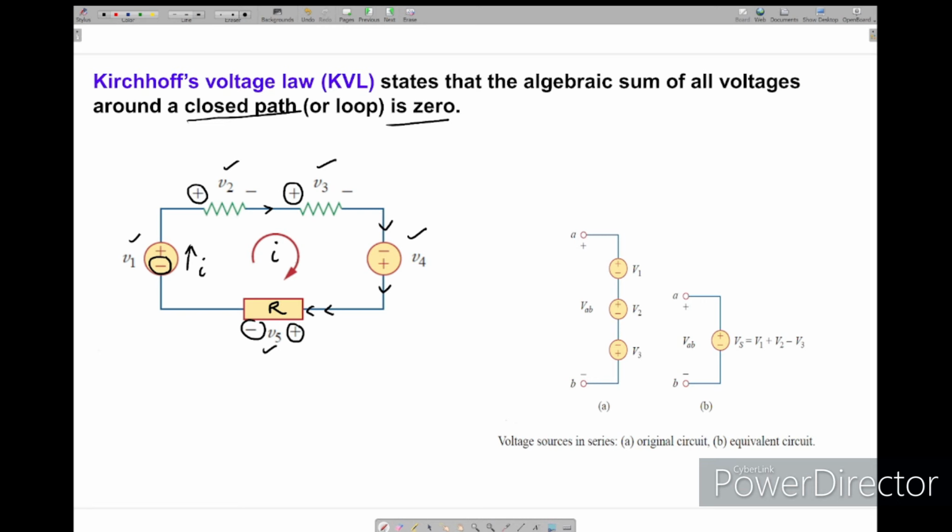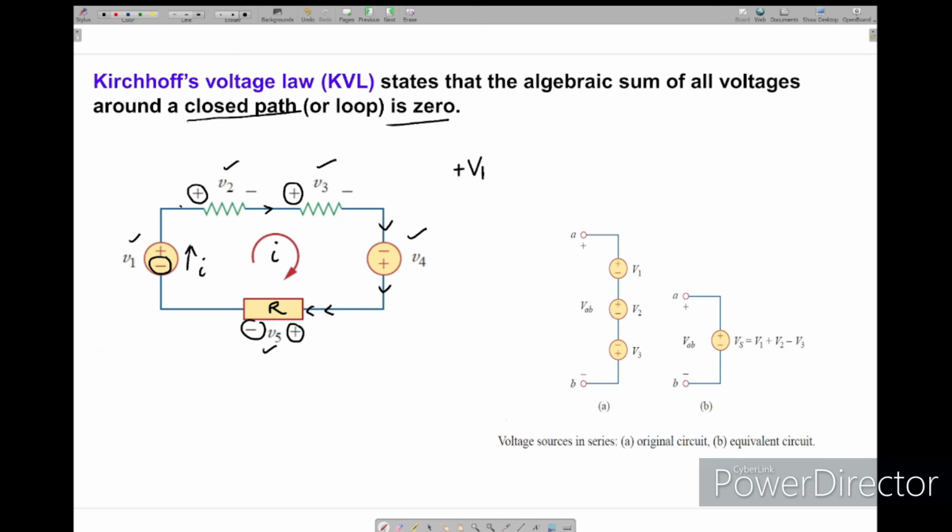Now we will write the KVL. I will always prefer to write from negative to positive, means V1, because we are entering from negative to positive, means we are gaining. If you have lost some 5 rupees, you are gaining 10 rupees, so we are gaining, that's why I mentioned positive.